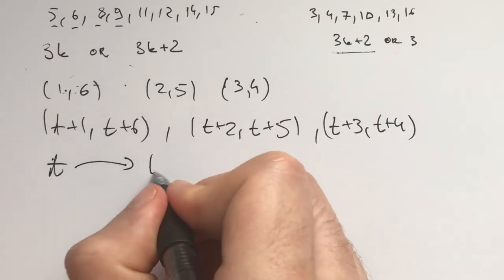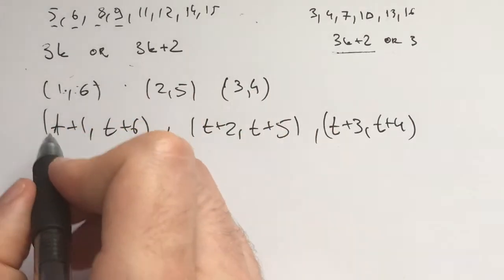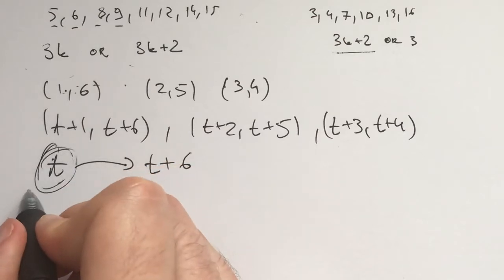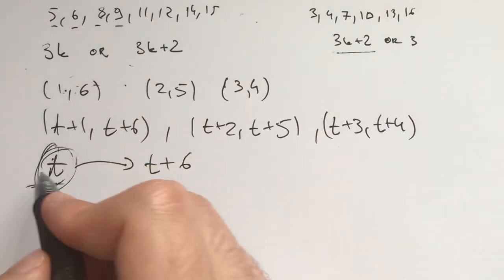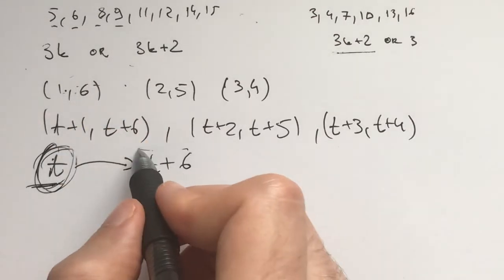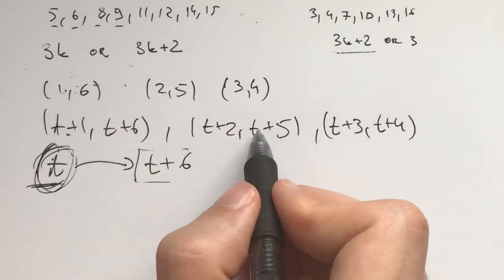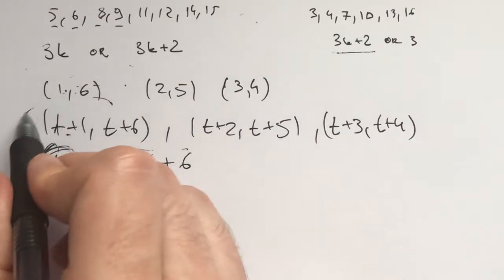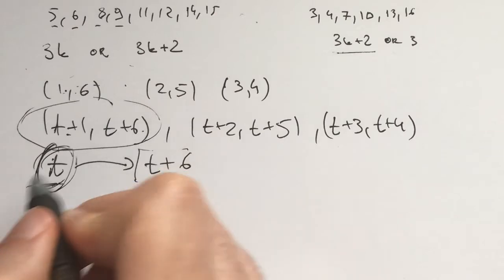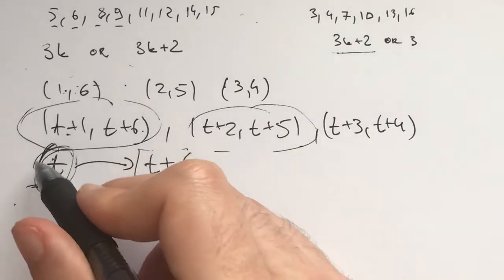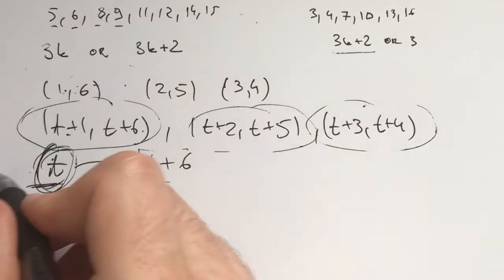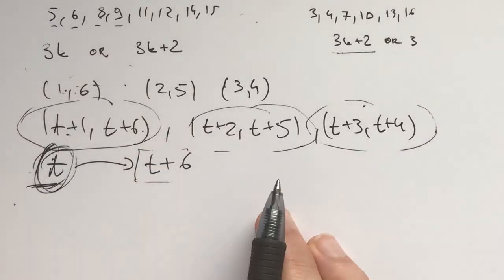Now I can go from t to t plus 6. Why? Well, I'll partition the numbers 1 through t, how they are partitioned for t. And for the numbers t plus 1 through t plus 6, I'll just put these 2 in one group, these 2 in another group, and these 2 in the last group. And this really completes the induction.